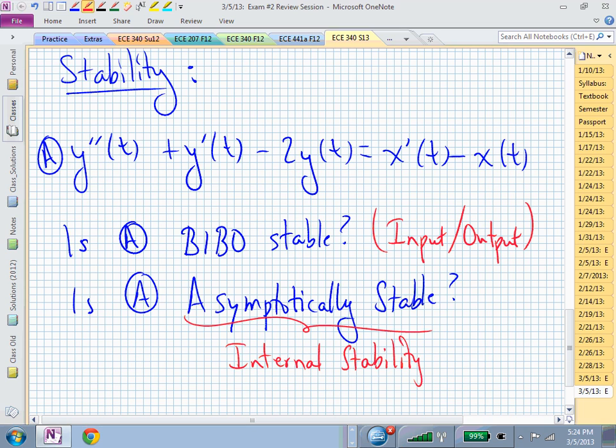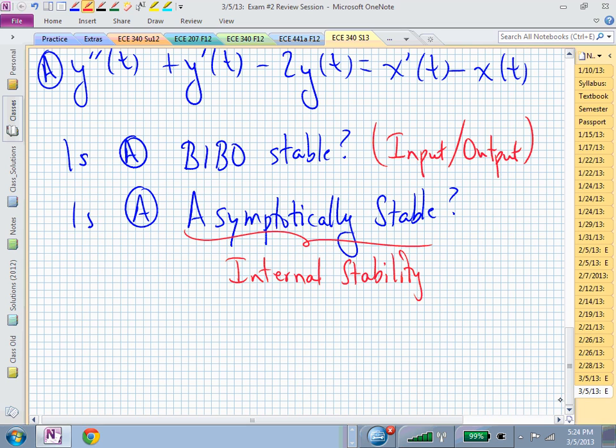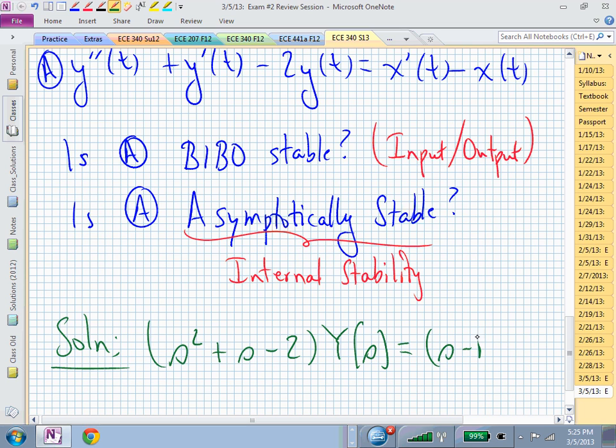And the transfer function now says, let's just Laplace transform, and we don't really need to worry too much about initial conditions. If we now Laplace transform that, we would have this s squared plus s minus 2 all times Y of s, and that's equal to s minus 1 times capital X of s.